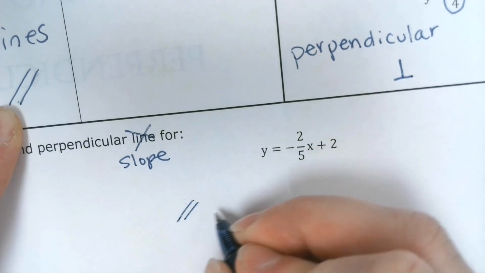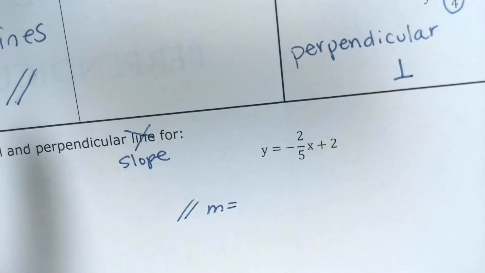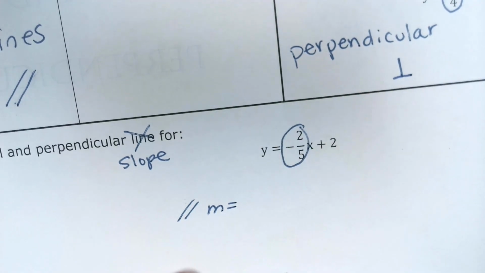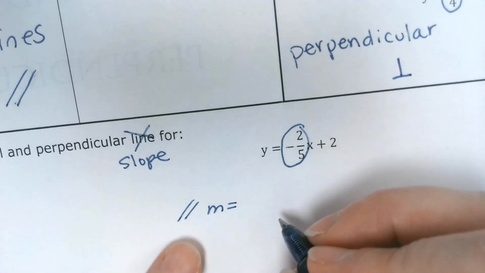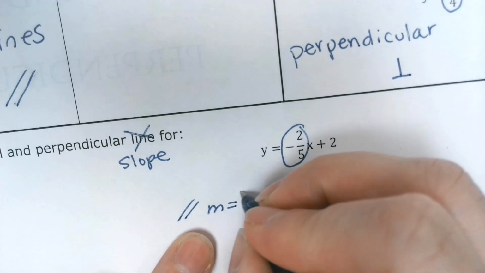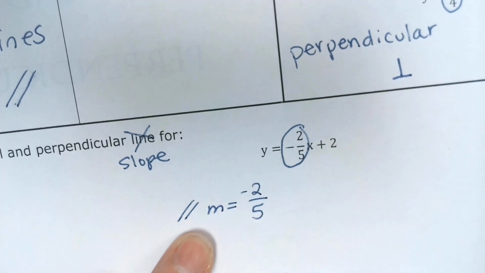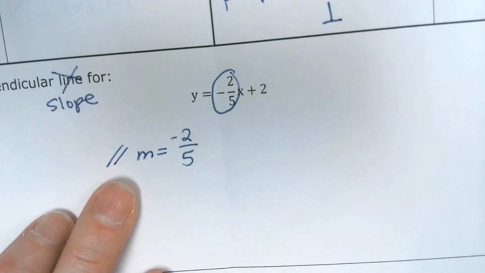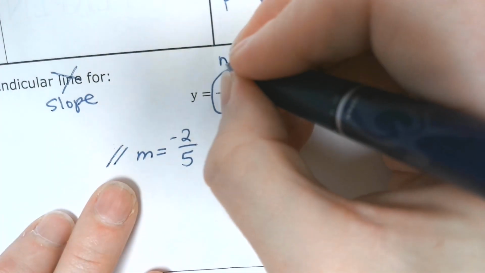So the parallel slope, if this is my original slope, the parallel slope would be the same, right? So negative 2 over 5. It's the same because that's your m.